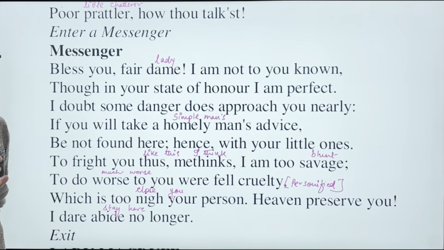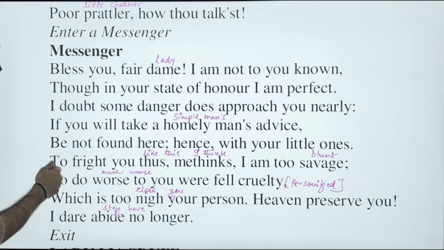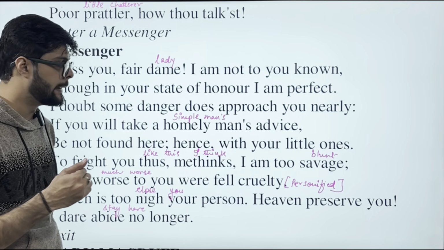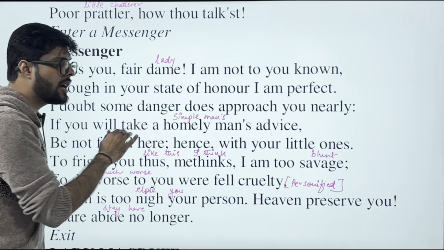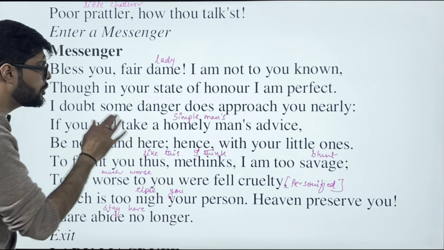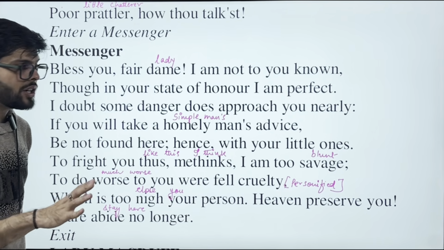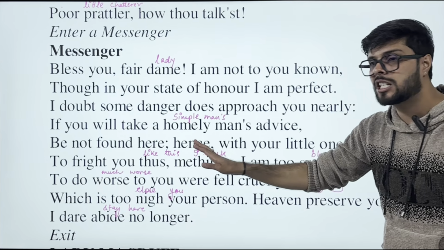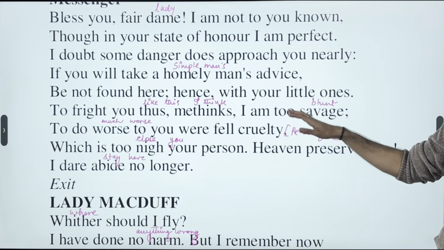There is some danger at hand, approaching you soon. If you will take a homely man's advice, the advice of a well-wisher, and I am no other than a well-wisher to you, be not found here. Do not stay here any longer, and with your little ones hence, just go away from here. Take care. To fright you thus, methinks I am too savage.